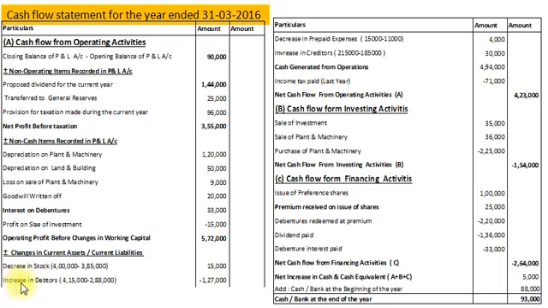There is an increase in debtors, so closing balance minus opening balance, it will be deducted rupees 1,27,000. Then decrease in prepaid expenses, opening balance minus closing balance rupees 4,000 will be added back. Increase in creditors, that is closing balance minus opening balance rupees 30,000.